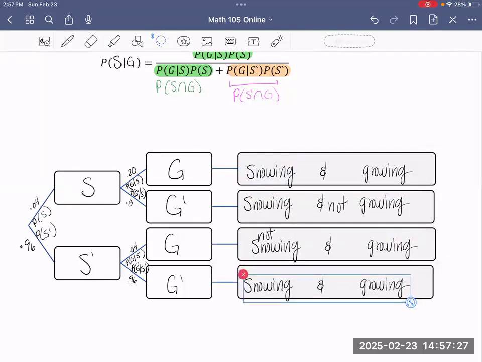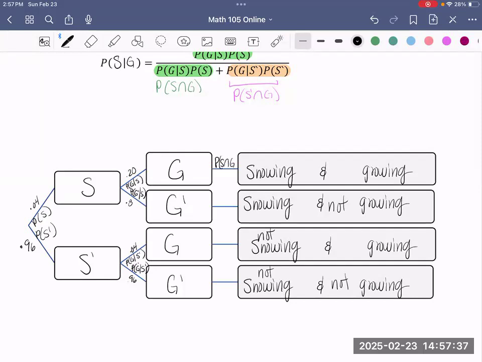And the last one, neither are happening simultaneously. There you go. And again, these are the probabilities that they happen together: S and G, the probability of S and not G, the probability of not S and G, and the probability of not S and not G. Oops, I already did that one on here. My bad. We'll just erase that part.